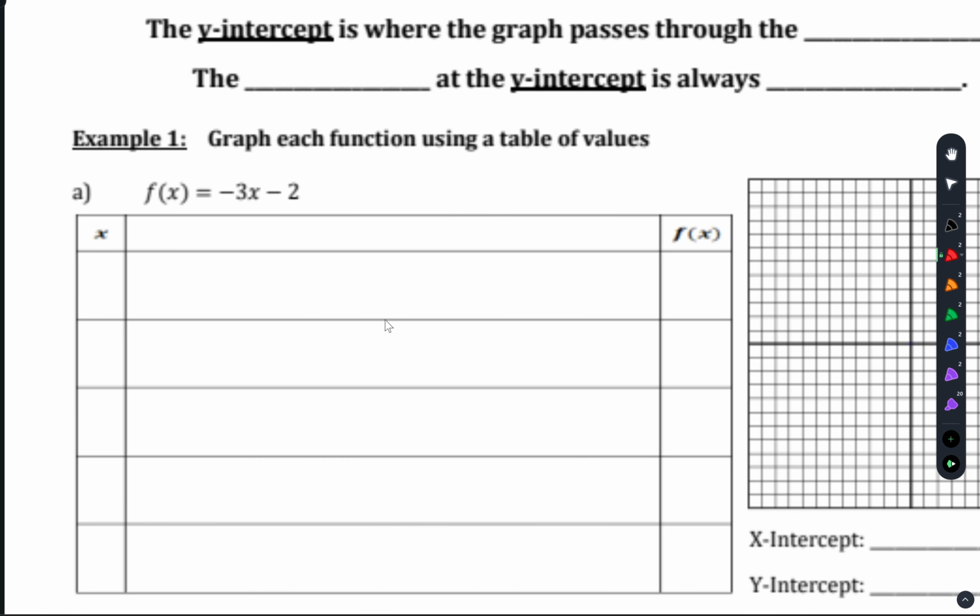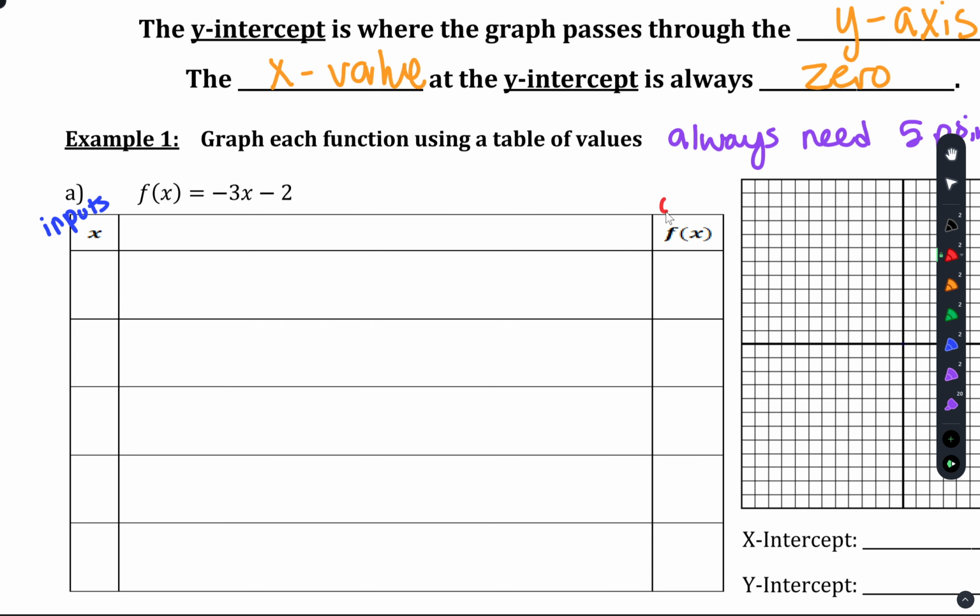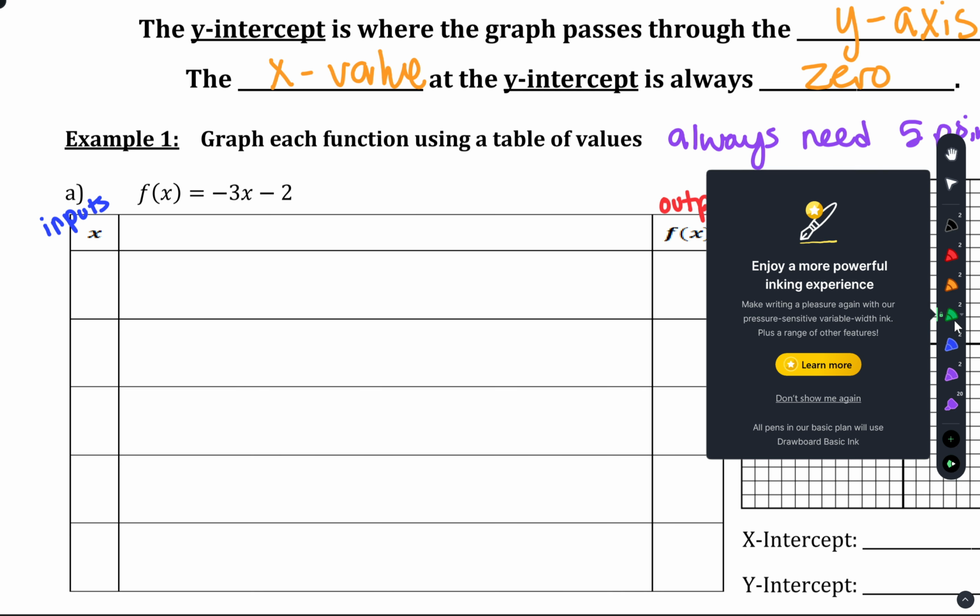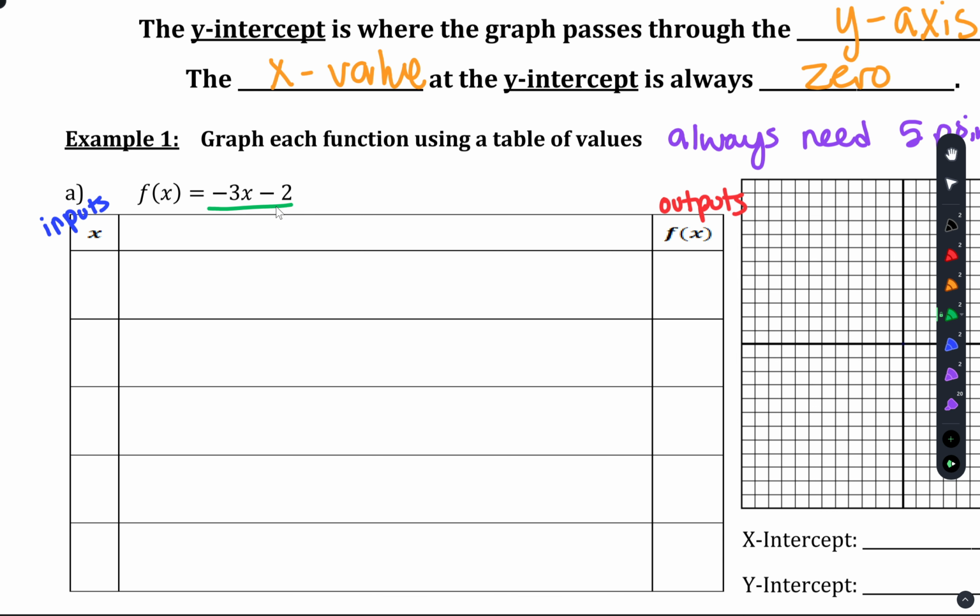Our f of x values represent our outputs. That's like our range. And then in the middle, we have to put it through the function machine, which is f of x equals negative 3x minus 2. We're going to plug our inputs into that thing, and we are going to get out an output. That's what we're doing here.